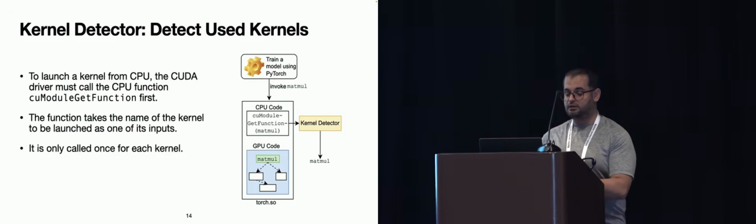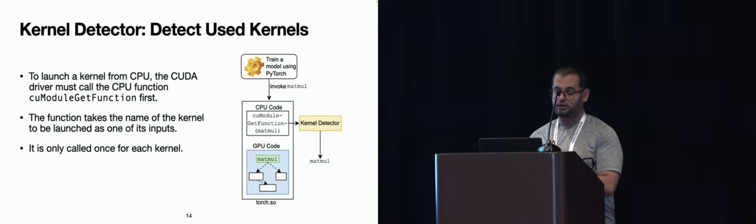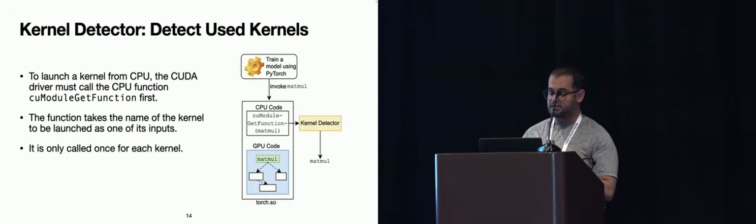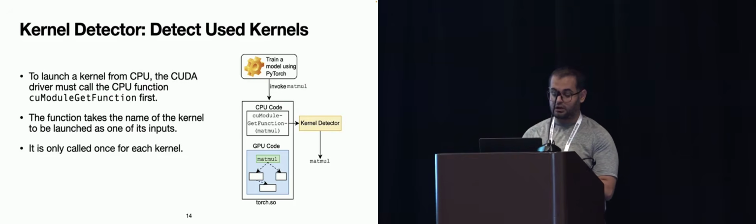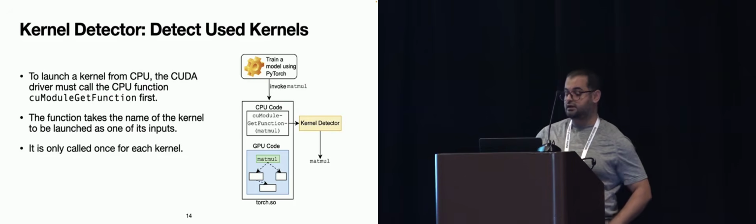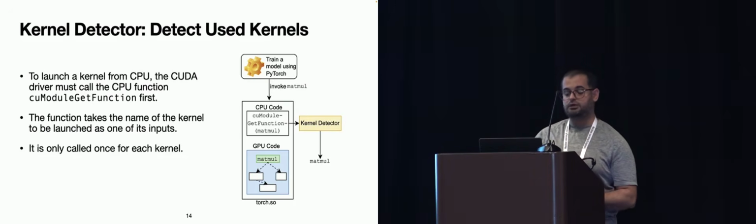So for example, when you train this model, it invokes the kernel matrix multiplication. The CPU code must call cuModuleGetFunction, and the kernel detector will get the input, which is the name of the kernel. Note that the CPU launching kernel may also launch other kernels on the GPU. Kernel detectors cannot detect such GPU launching kernels.